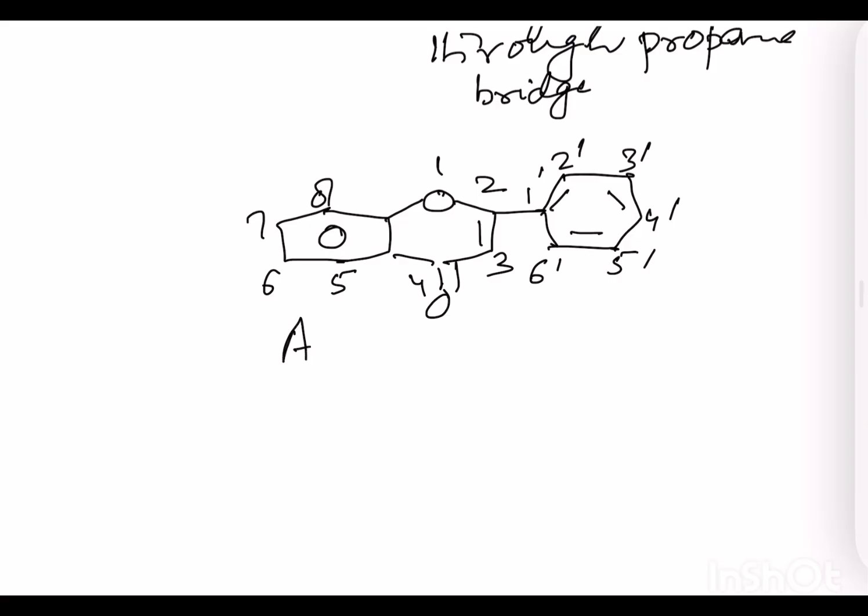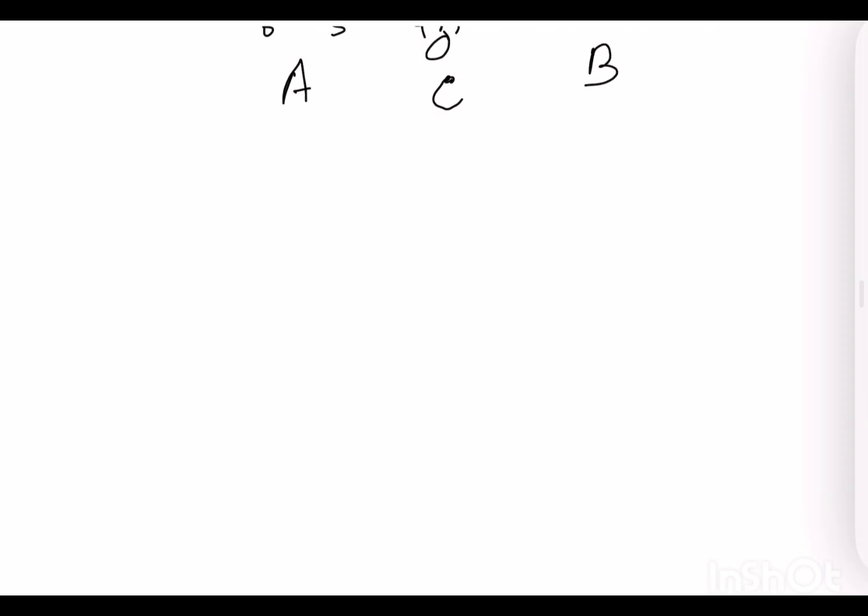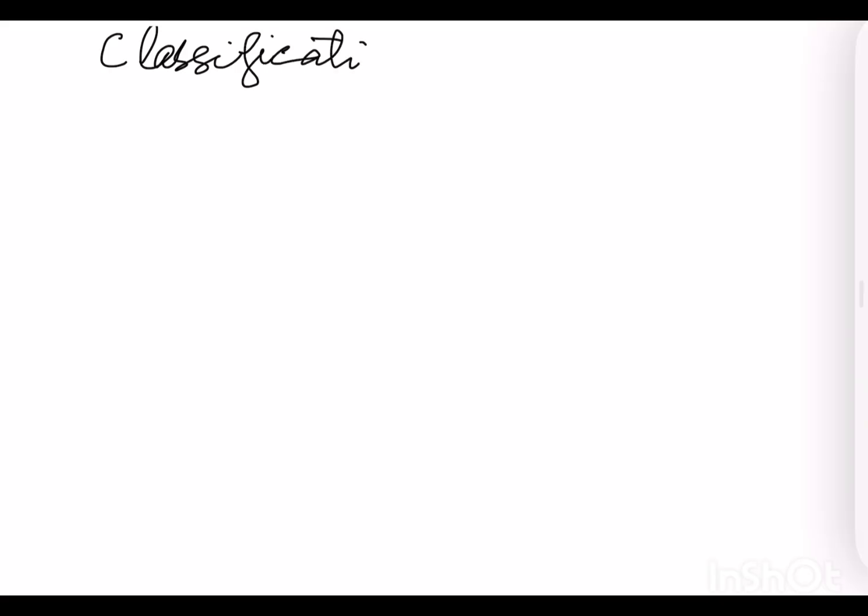Then after that, we have to come across what are the various classes of the flavonoids. That is based classification. Now you are having the number of flavonoids here. Number 1, you can get here this one.